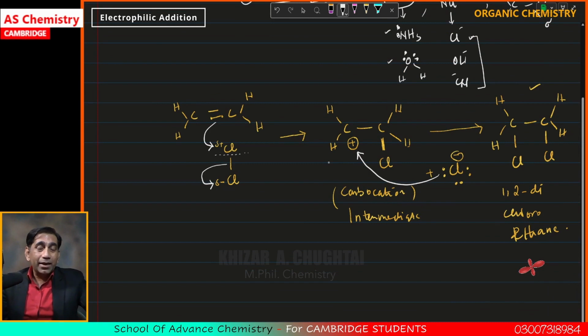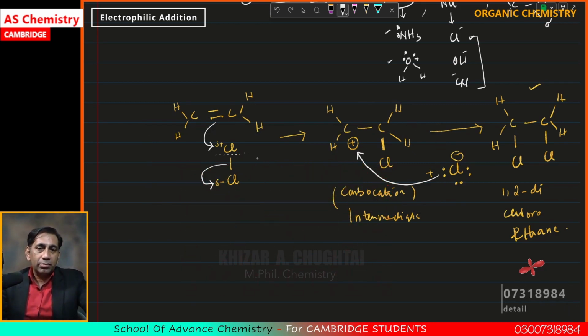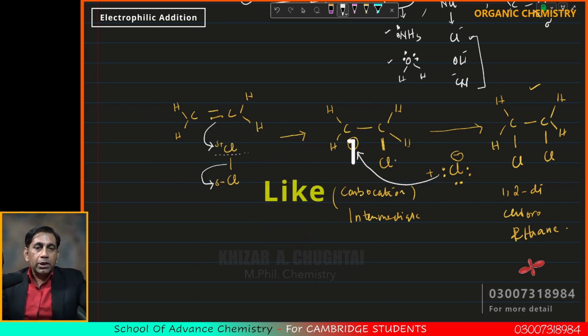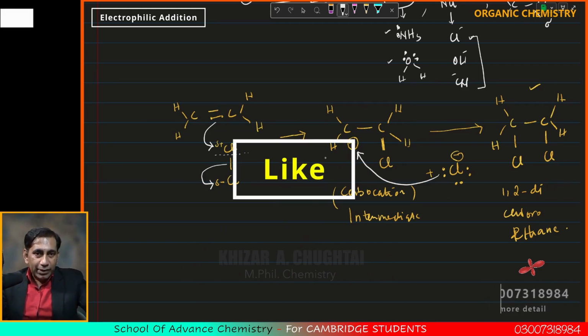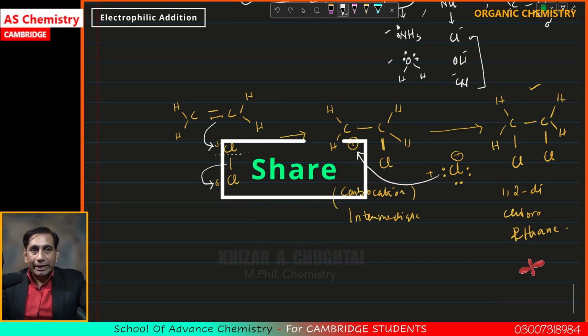The basic name of the mechanism is kept on its first step. So in the first step, the positive charge becomes part of the carbon-carbon double bond, this organic compound. So that's why in the first step there is introduction of a partial positive species, basically an electrophile. So that's why it is said to be electrophilic addition.